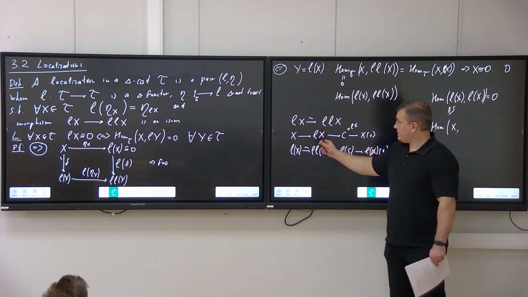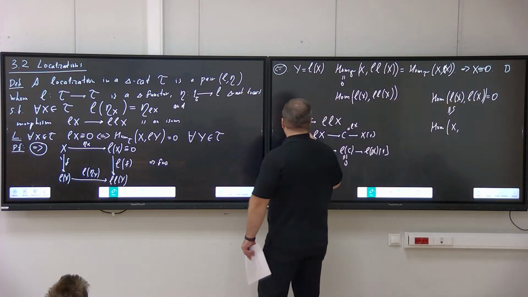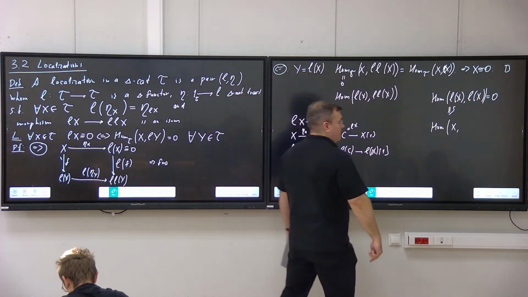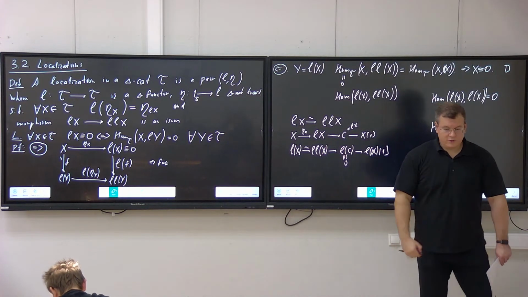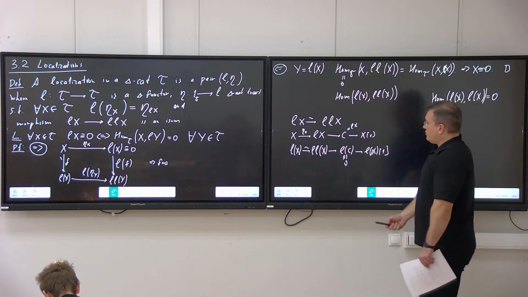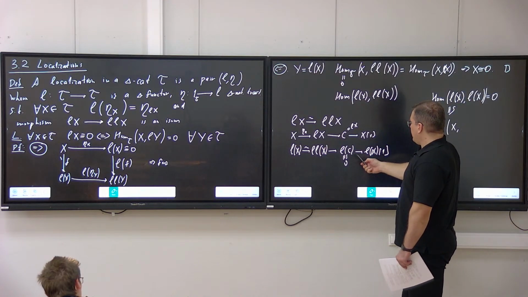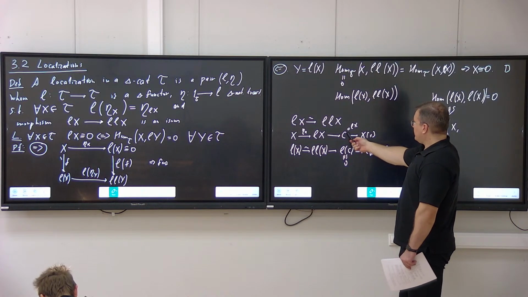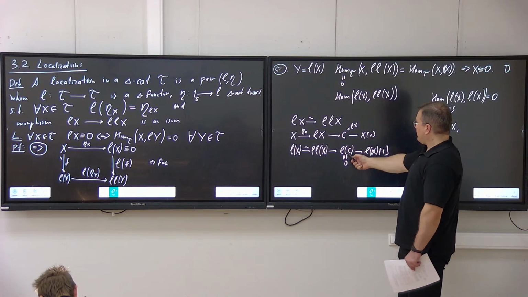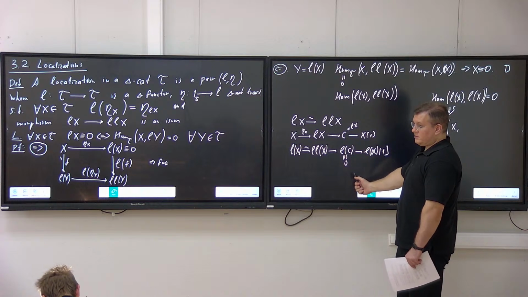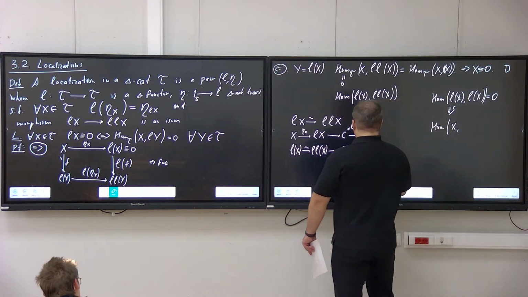I assume that this is of course the component of the natural transformation, and I'm completing this component to the distinguished triangle. So what we see is that on one hand C is Lx, on the other hand, if I apply L to this again, I'll get 0, right?